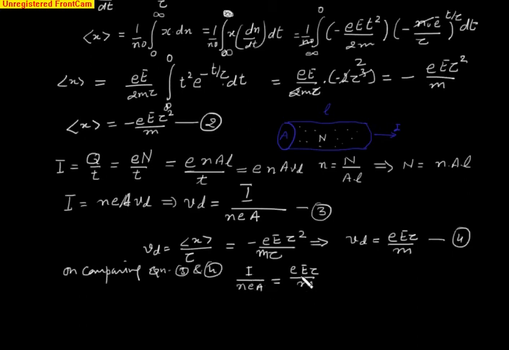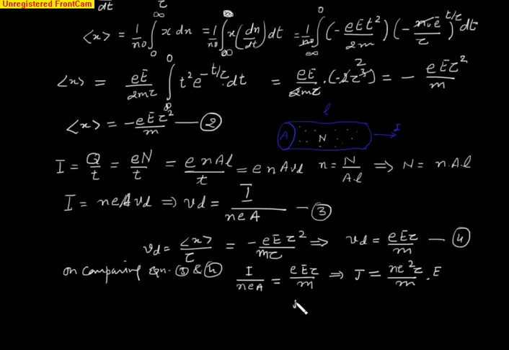But current per unit area is called current density. Therefore we can write J, current over area, and taking n times e to the right hand side, I get J equal to n e square tau divided by m multiplied with this electric field E.